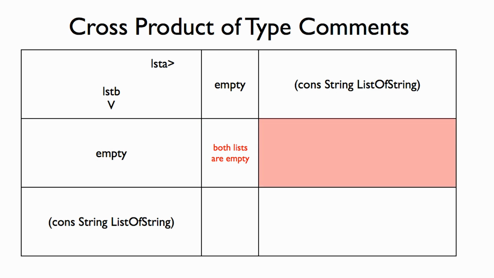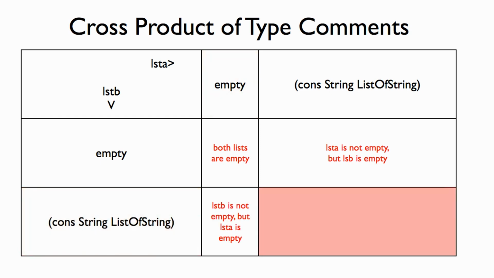In this box, what's happening is that list A is not empty because list A is const string list of string, but list B is empty because list B says empty. This box is the box where list B is not empty. Right here, list B is not empty, but list A is empty. And this is the box where both lists are non-empty because both of them are const string list of string.